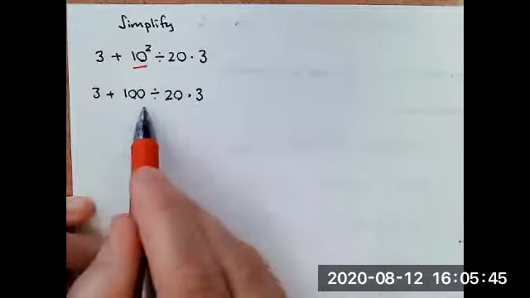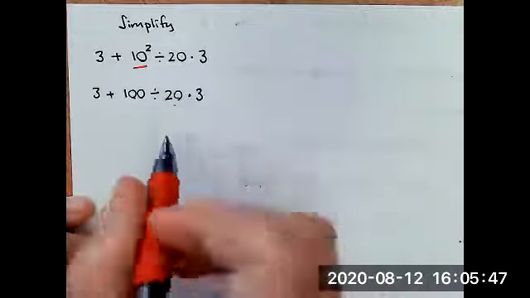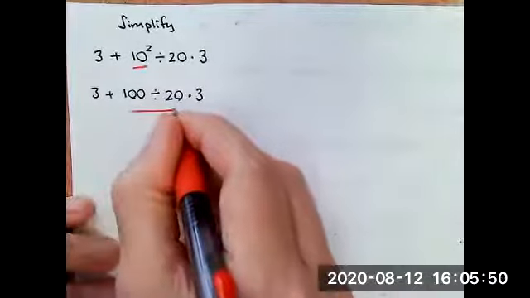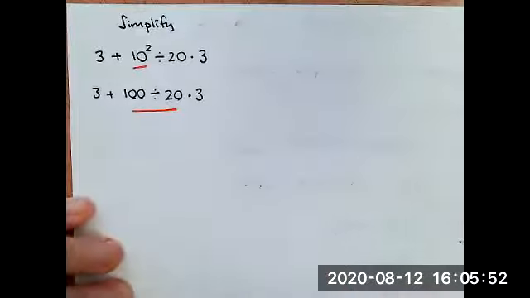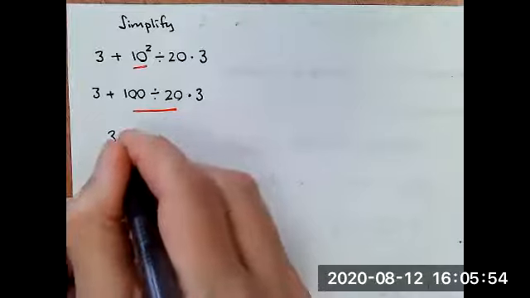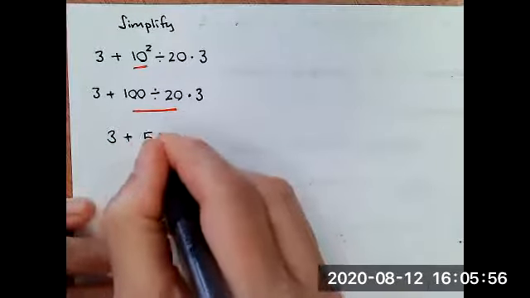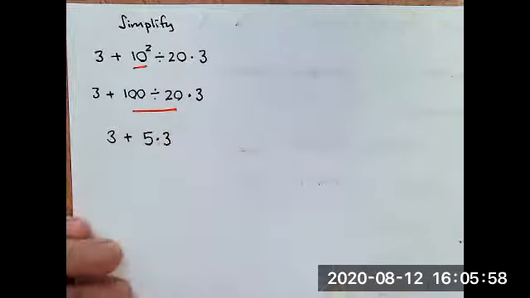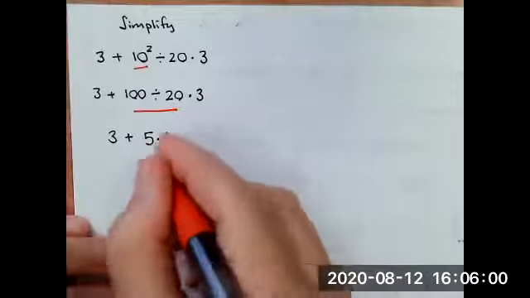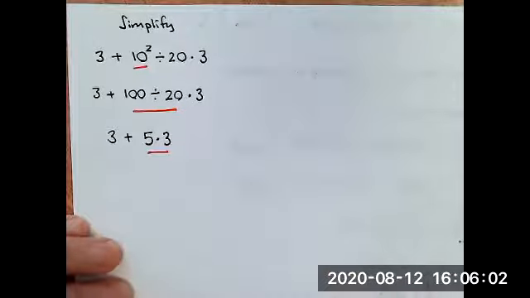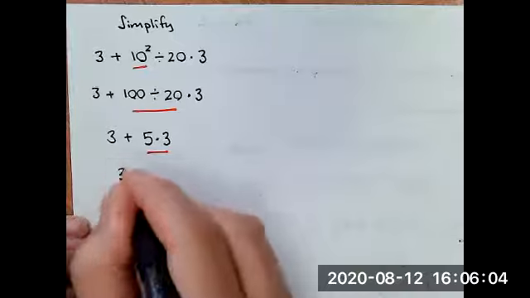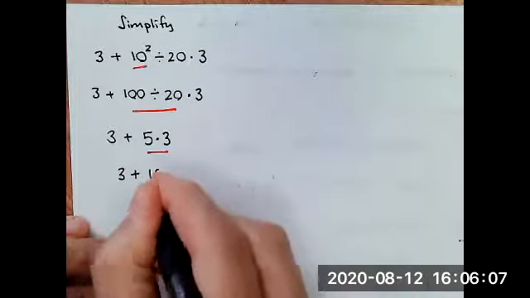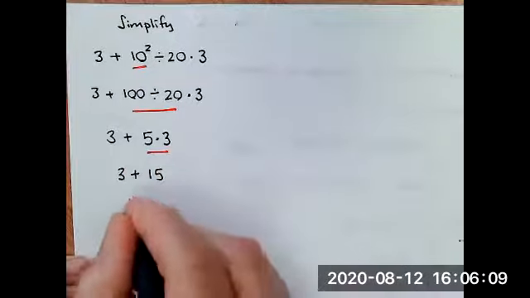So we'll do the division first because that's the order in which it appears. 100 divided by 20 is 5. And then we multiply. And then add.